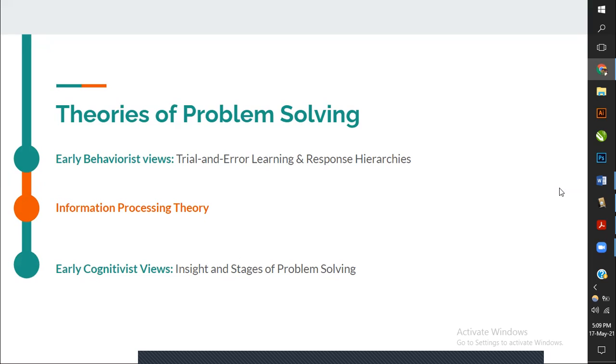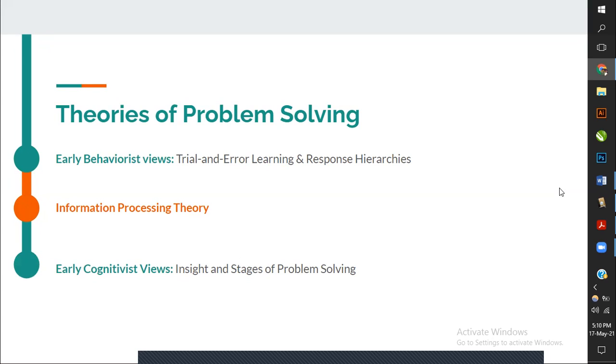Incubation is thinking about the problem, how to solve it. Then inspiration, a sudden insight into a problem solution. Verification, we check to be certain that the solution is correct.